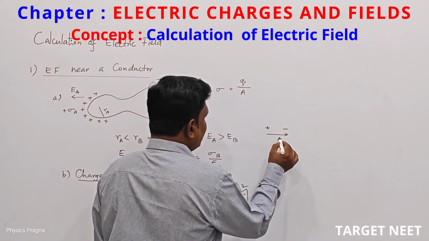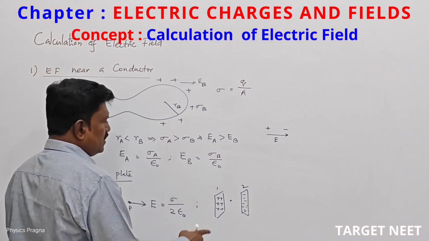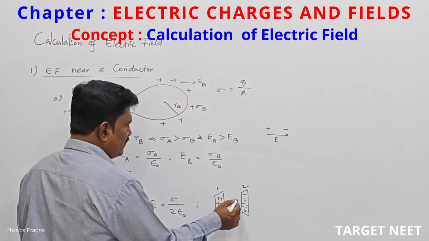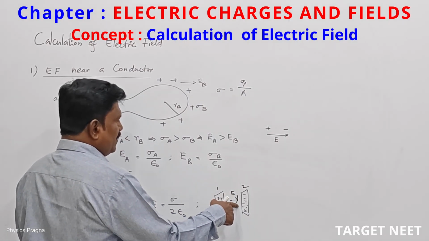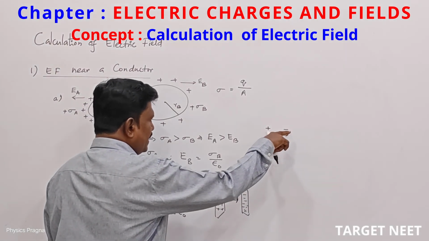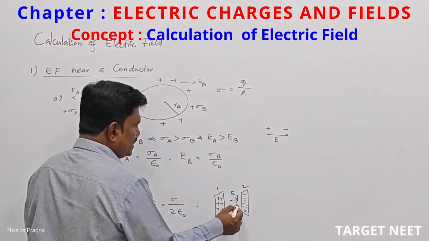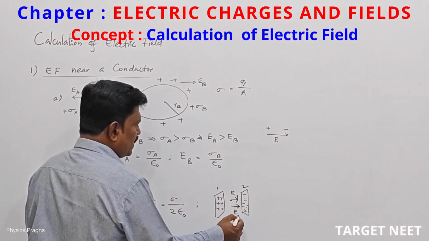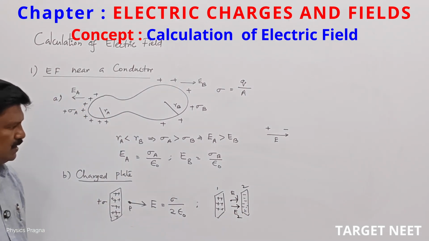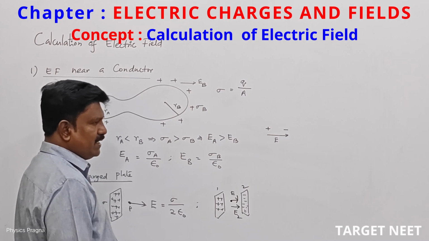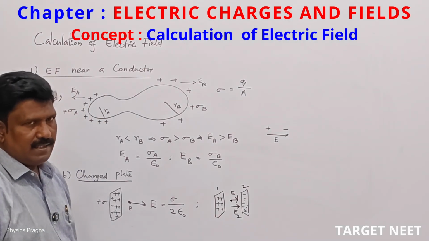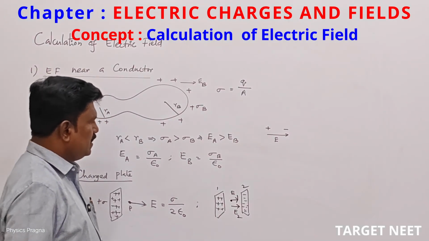Away from the positive, that is the electric field due to the first plate. For the second plate, negative is there, so towards the negative the electric field comes. This is the direction of electric field because of plate 2. So both electric fields are acting at a single point, the middle point. Here you have to remember, at the middle point.